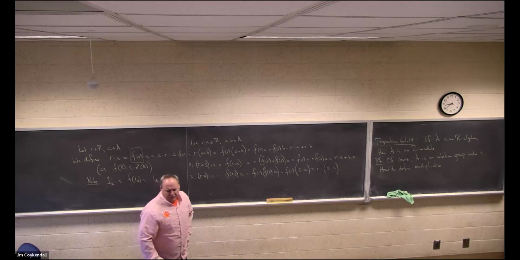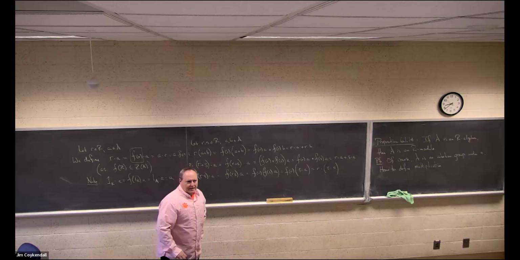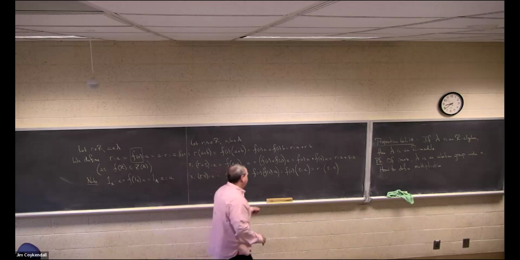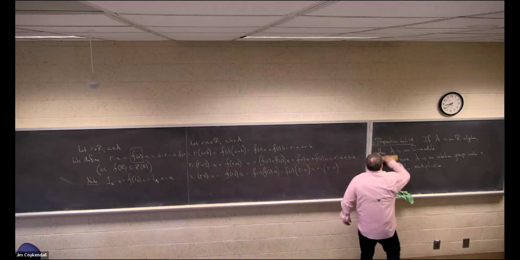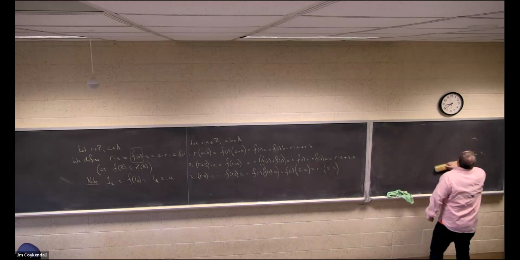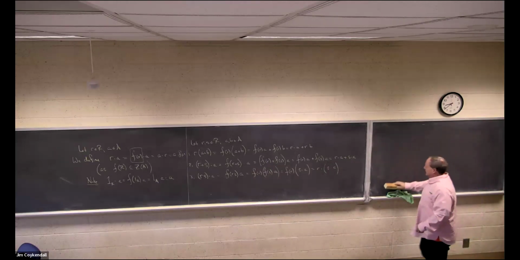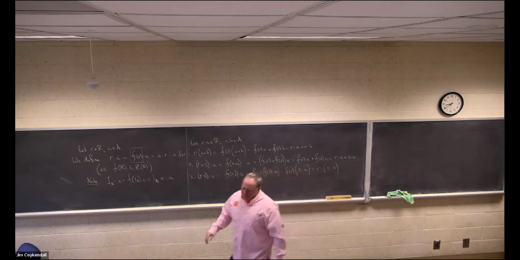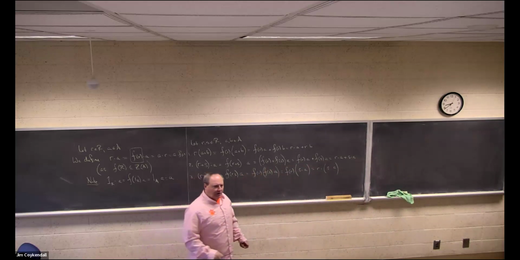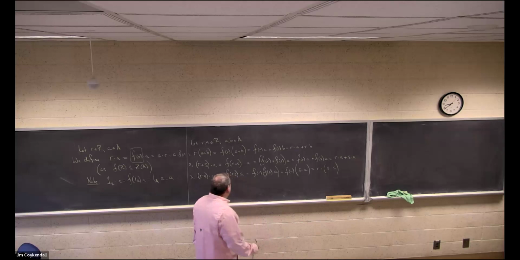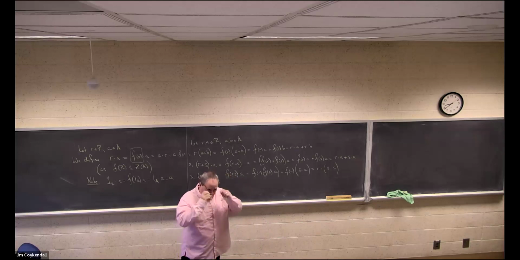Okay, any questions? Let me give you one last definition before we start talking about homomorphisms and quotient structure. So now we've got this thing called an R algebra, right? So it's a module over R, but it's something more.